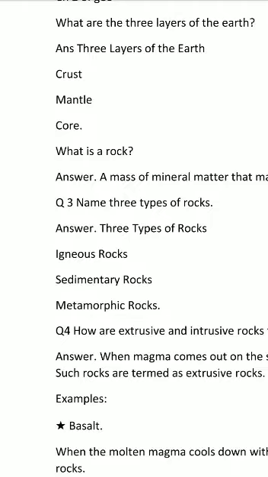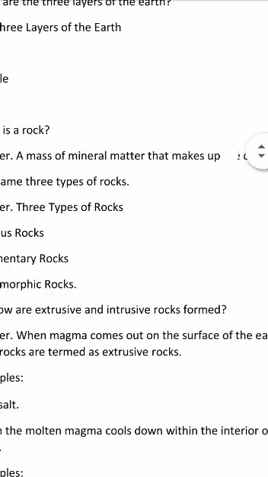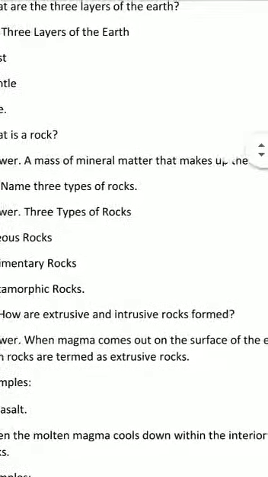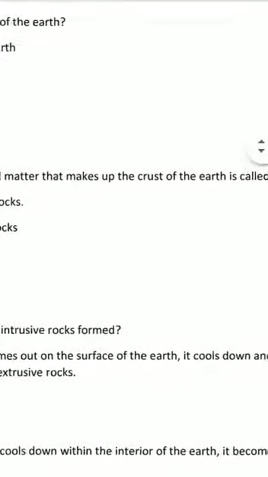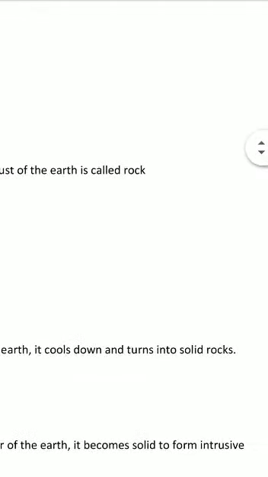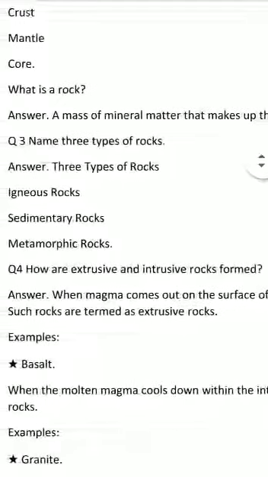Next question, how are extrusive and intrusive rocks formed? First, extrusive. I'm talking about when magma comes out on the surface of the earth during a volcanic eruption, it cools down and turns into solid rocks.